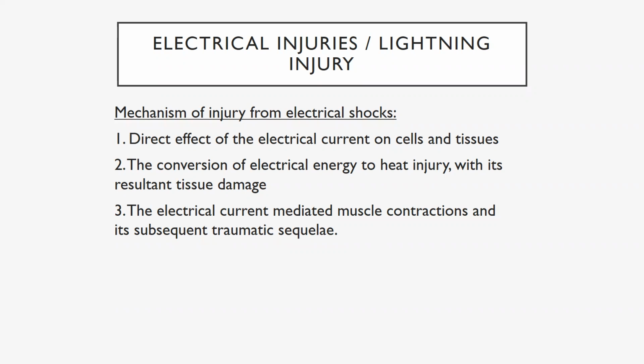This is thermal damage that you can have to the internal organs. You can have electrical current mediated muscle contractions. This is where sometimes these patients come in with opisthotonus, where they have tetany or things like that. That's because of the muscle contractions that are induced by these high currents.